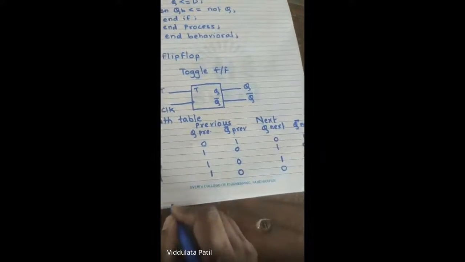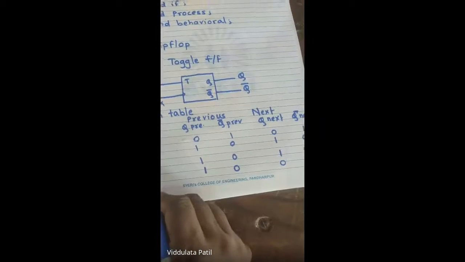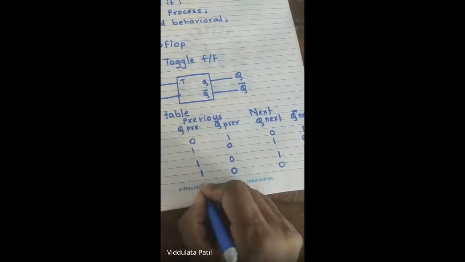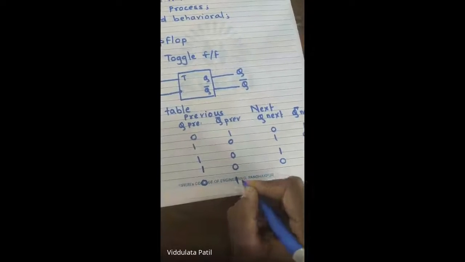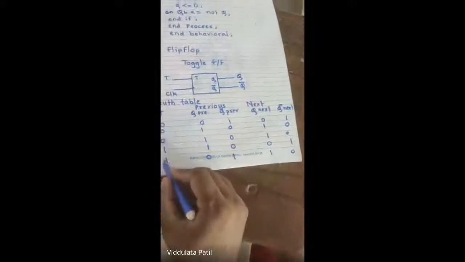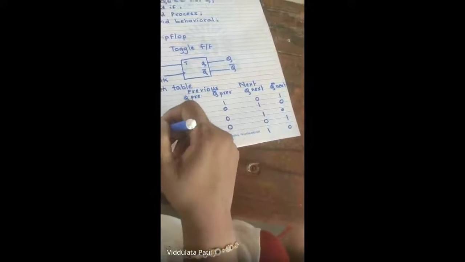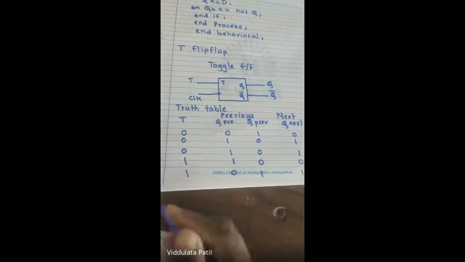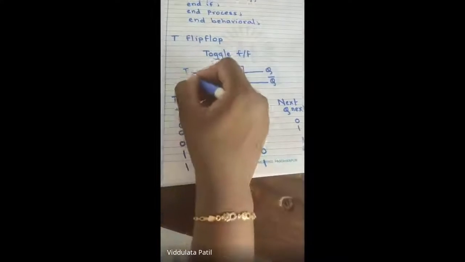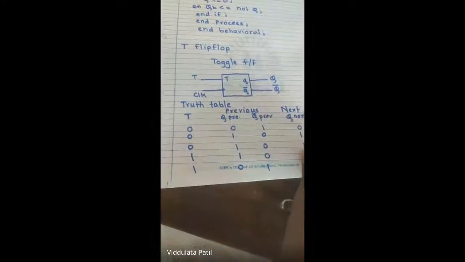Okay, if T is 1 and the earlier state was 0 1, then it will become 1 0. That means the output will toggle with the input. So this Q will toggle, and we will get the opposite, depending on the clock signal which is present at the input of this flip flop.